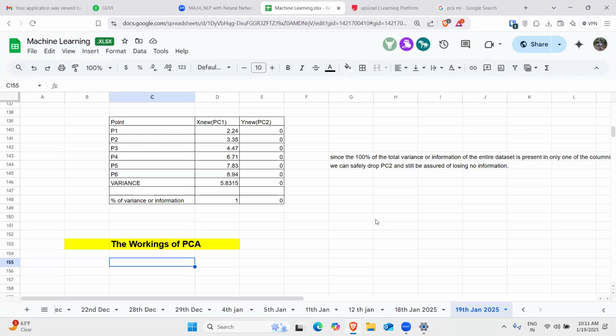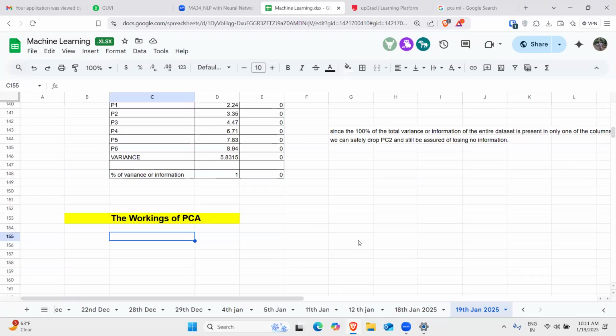So, what is PCA, guys? Let us summarize the steps of PCA. First, we find n new features.